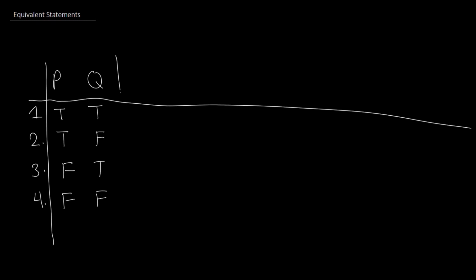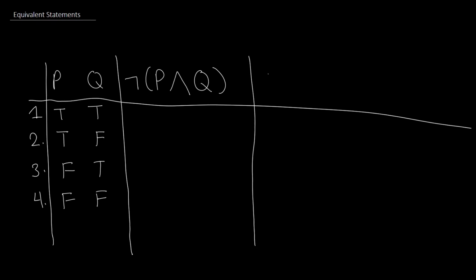Alright, now I'm going to make a claim here, okay? I'm going to claim that this statement, P and Q, and this statement over here, not P or not Q, I'm going to claim that these 2 statements are equivalent. So let's say you assign a meaning to P and a meaning to Q, right?